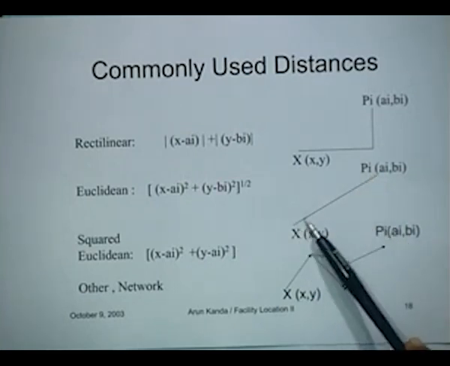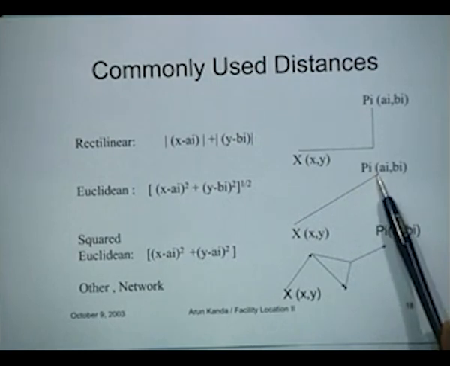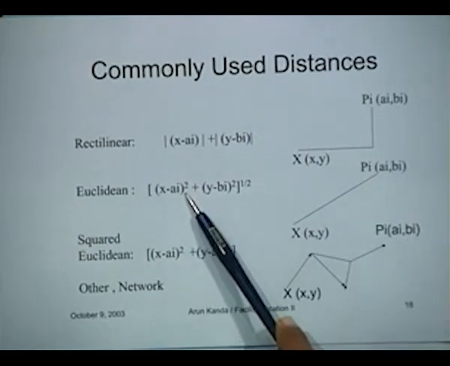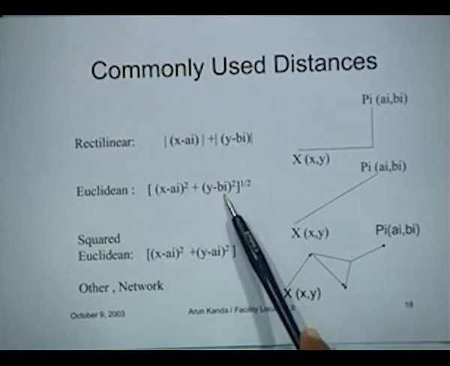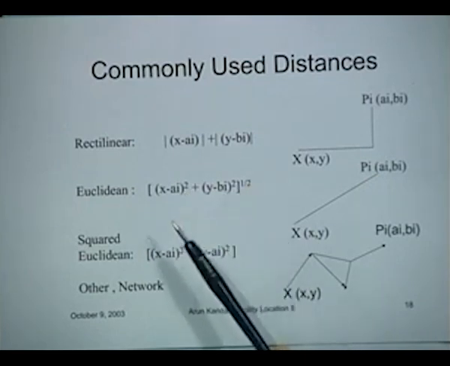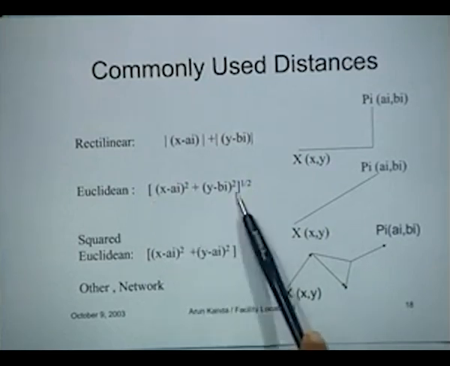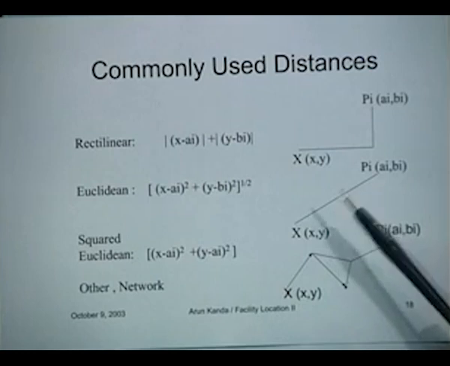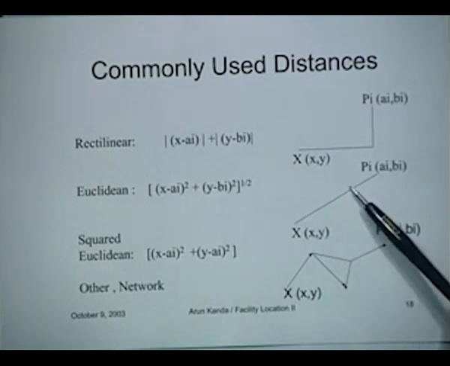It is governed by the function: the square root of (x - ai) whole square plus (y - bi) whole square. So it can be conveniently calculated in this fashion. Where do you think Euclidean distances will be appropriate in the location problem?